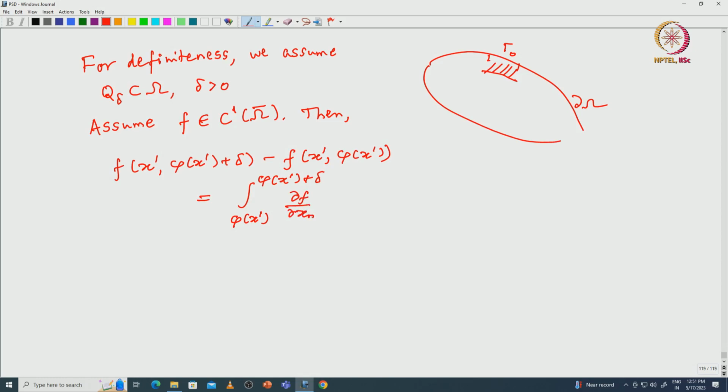Okay. So, now take the absolute value and use again Cauchy-Schwarz.